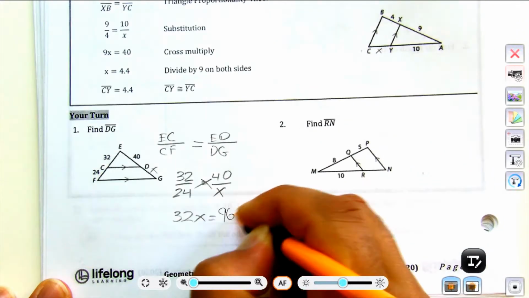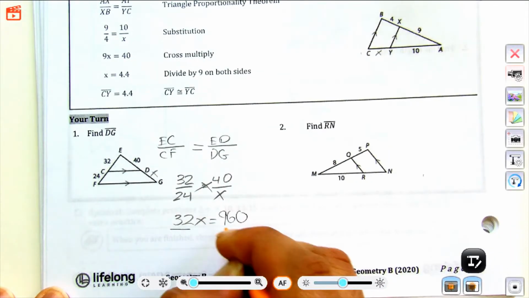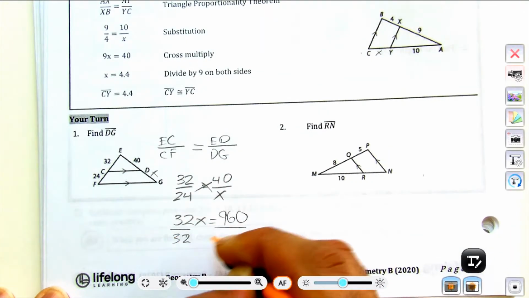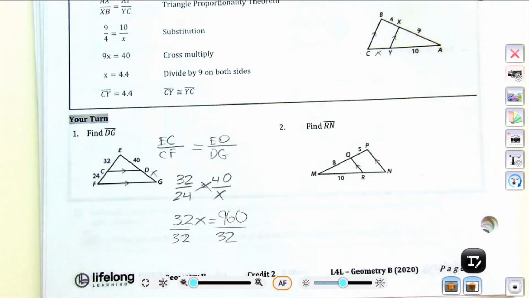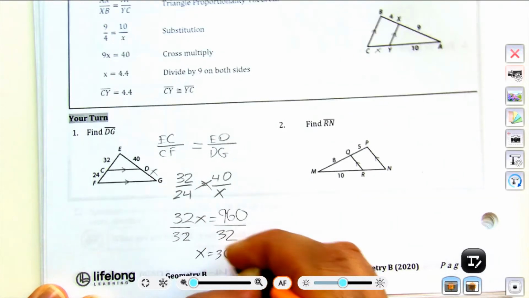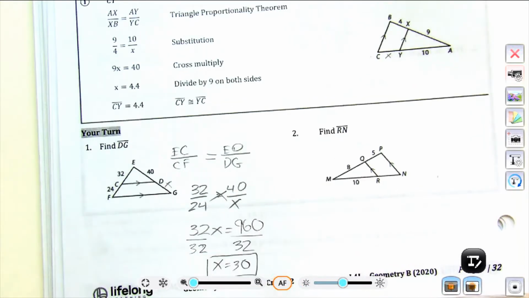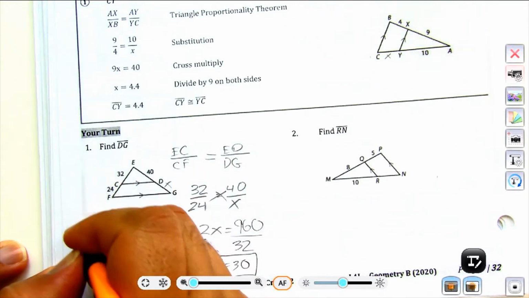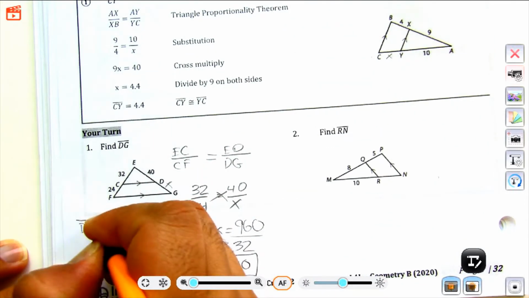Then divide both sides by 32. And we get x is equal to 30. And because we said x was DG, that answers our question. Segment DG is equal to 30.